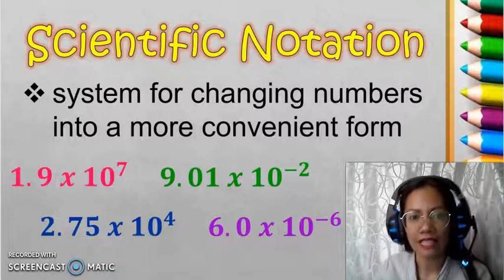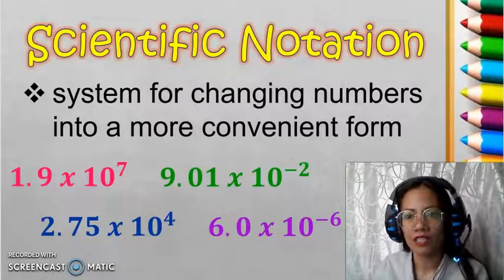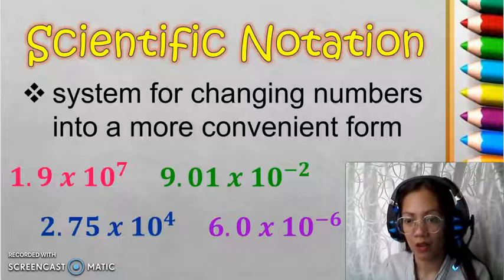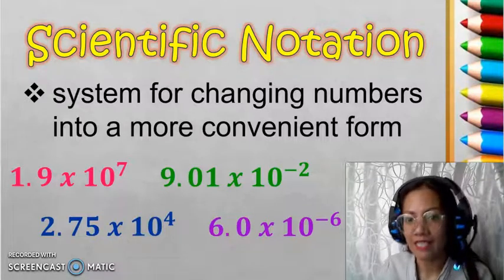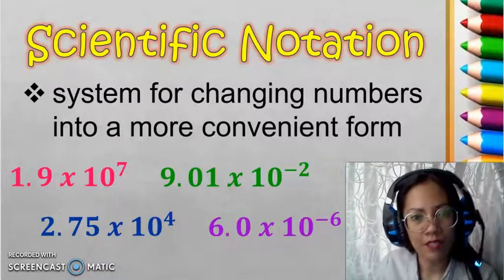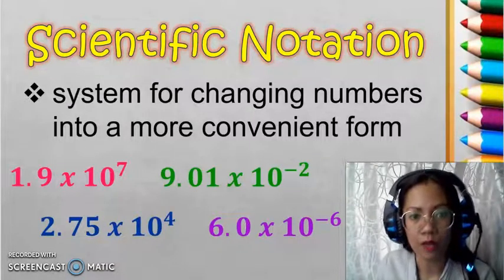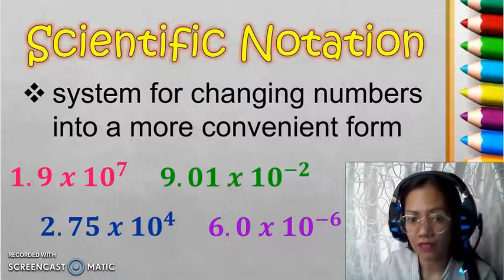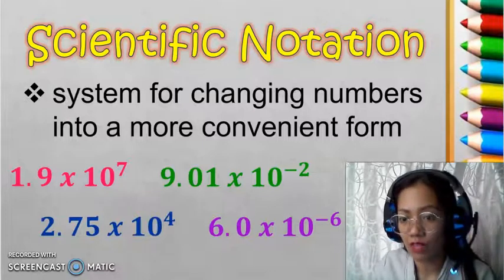So instead of writing the numbers in expanded form, a very large one and a very small one, here is scientific notation that could help you. Examples of scientific notation: we have 1.9 times 10 raised to 7, 2.75 times 10 raised to 4.